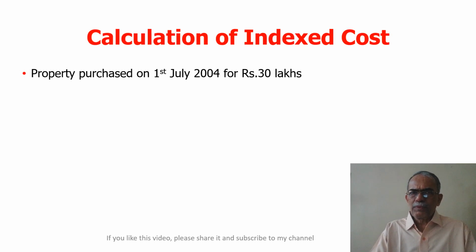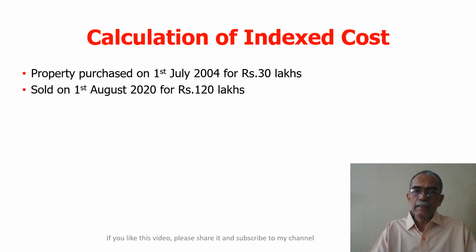Now, to give an example, suppose a property is purchased on 1st July 2004 for say 30 lakh rupees, and this property is sold on 1st August 2020 for 120 lakh rupees.